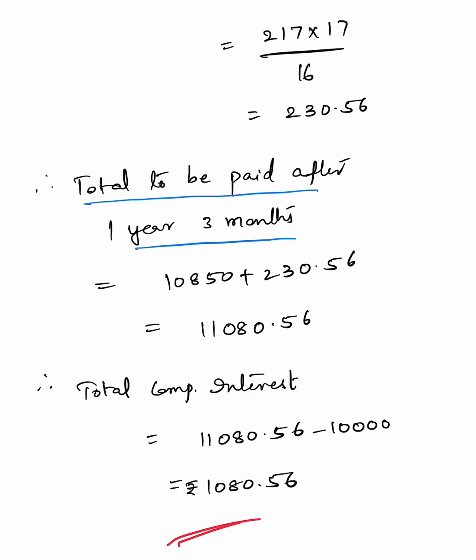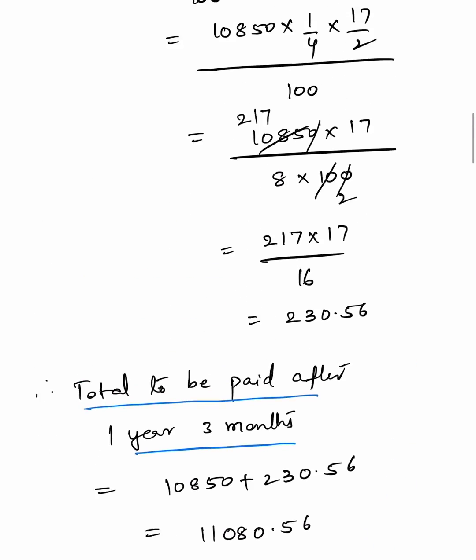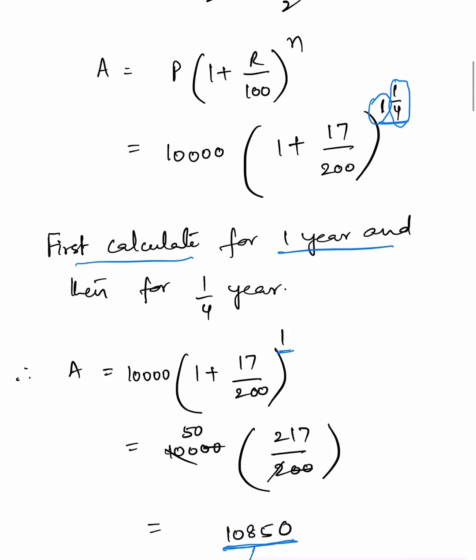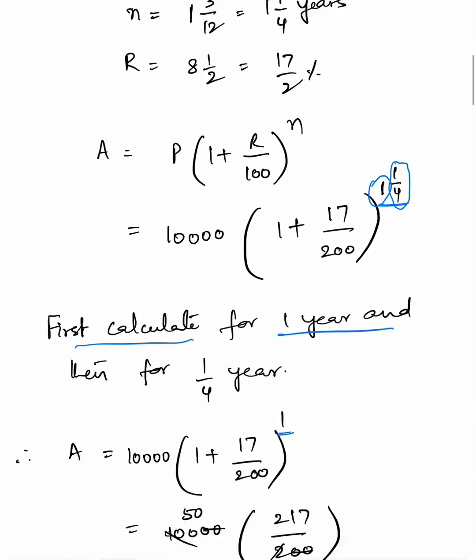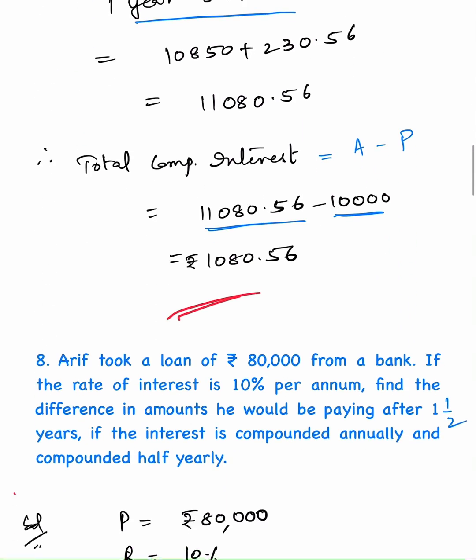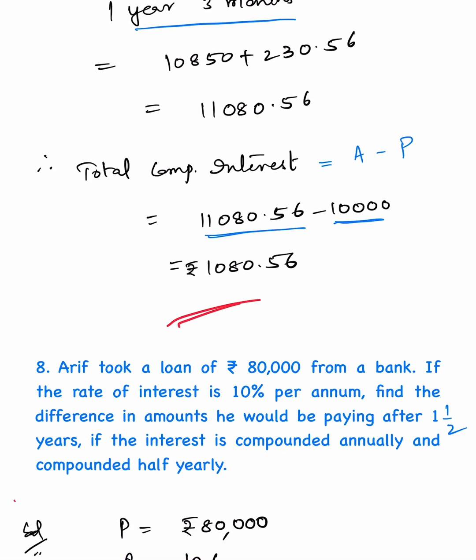From this total amount we have to subtract the principal, that is A minus P. This 11,080.56 minus the first principal, which is 10,000, gives us 1,080.56 rupees. This is the total compound interest.